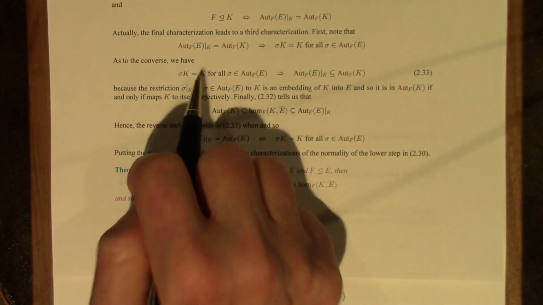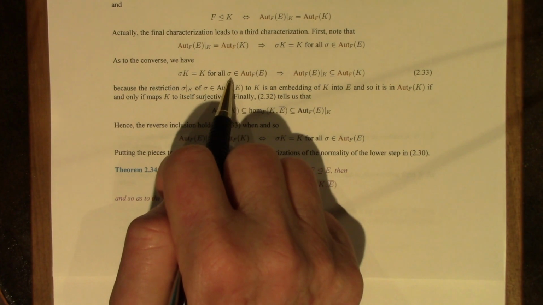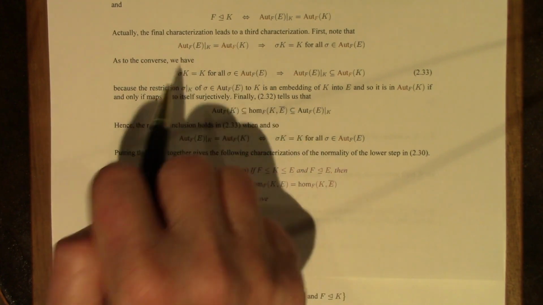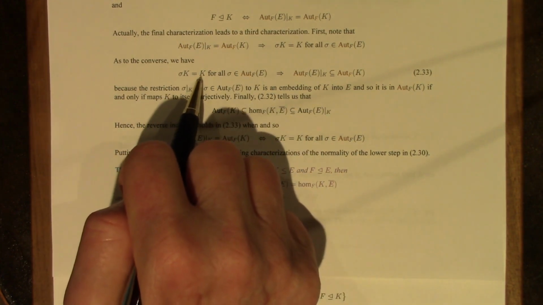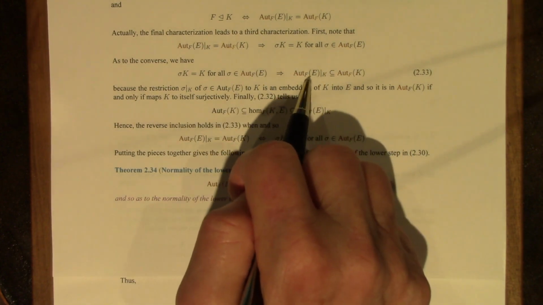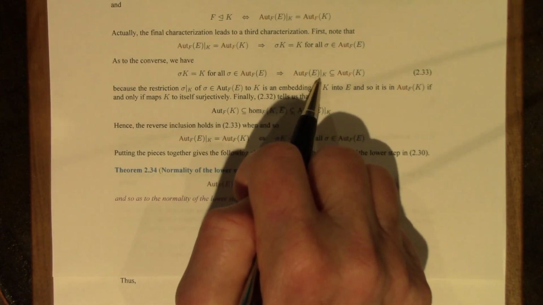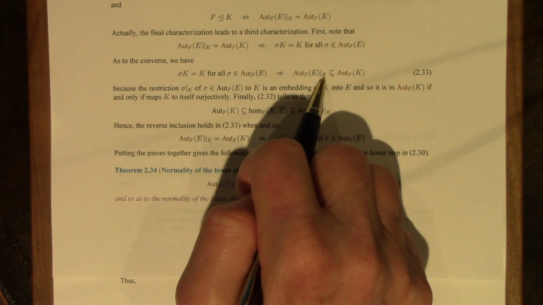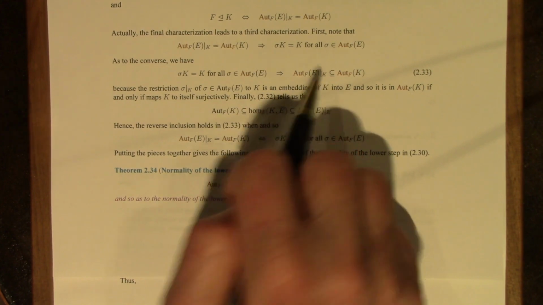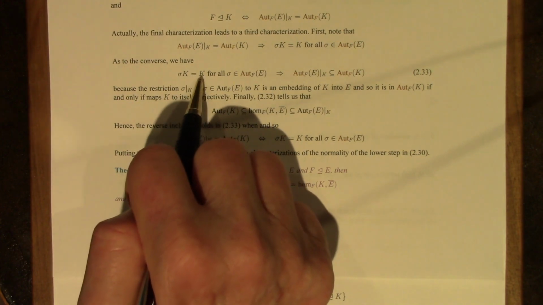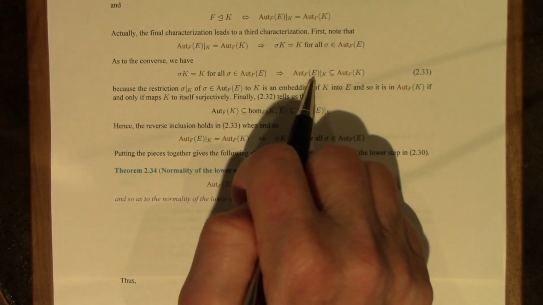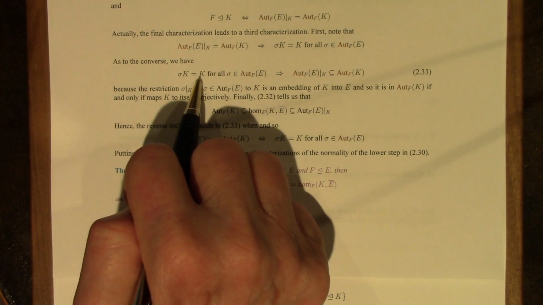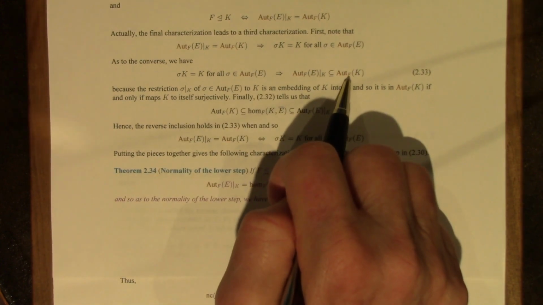Well, if any automorphism of E over F maps K to K, then when we restrict such an automorphism to K, we still have an embedding, but it also maps K onto itself. It's an embedding of K into E, but it maps K onto itself, so it's an automorphism of K.